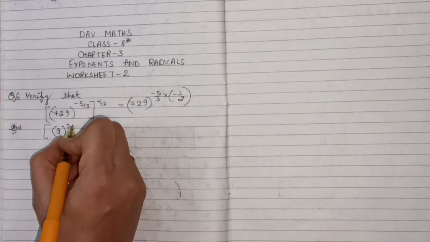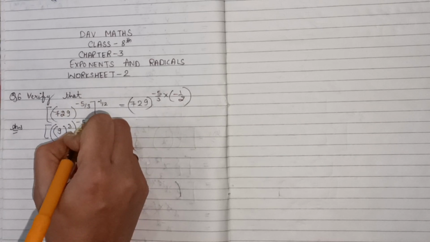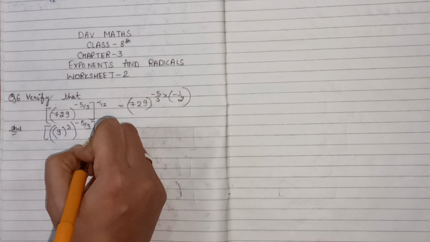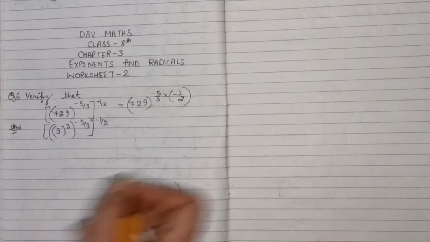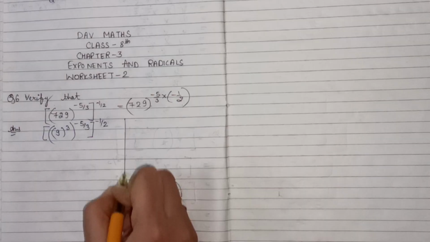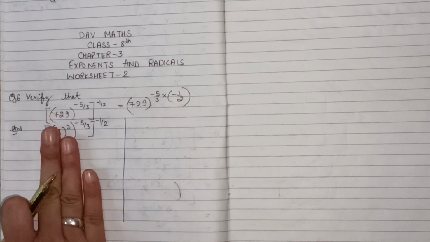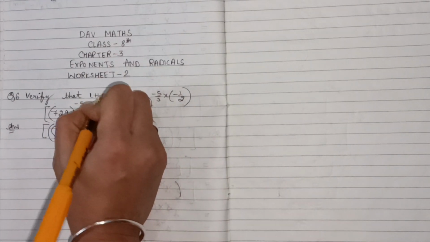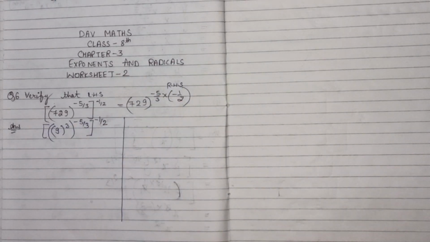Then the outer power is -5/3, then the square bracket is closed and the whole exponent is -1/2. This is our left hand side. First we prove our left hand side, then we will prove our right hand side. This is our LHS and this is our RHS.